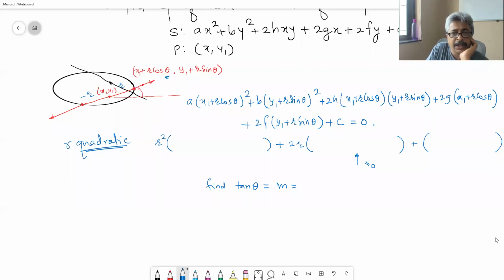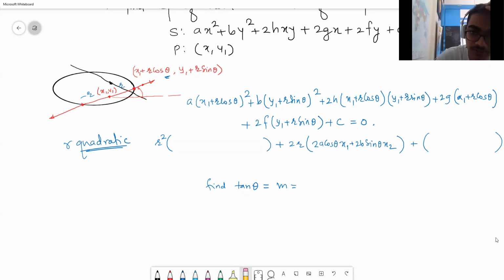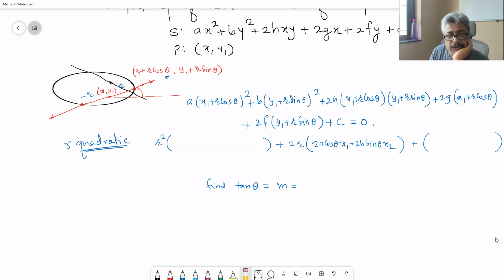Let me collect the r terms. It is 2a cos theta x1 from the first bracket plus 2b sin theta y1. It should be only a cos theta x1 plus b sin theta y1, since 2 is outside.